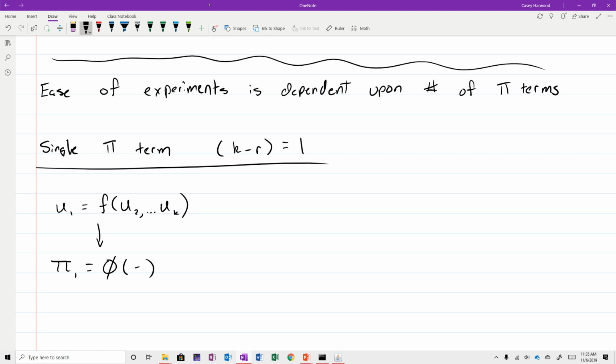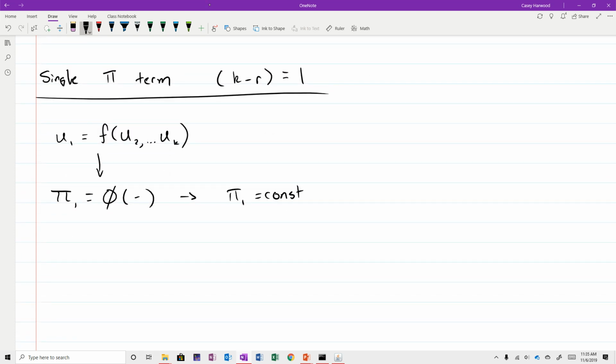So if we end up with something that is a function of nothing, what does that mean that something is? Constant, right? So this is saying that pi1 is a constant value. As an example of a case like this, let's consider a body falling through a vacuum.